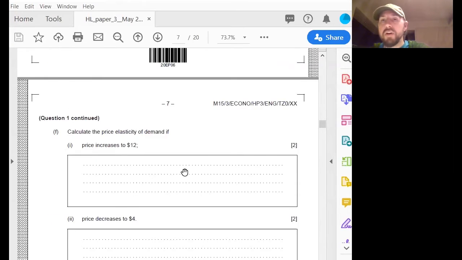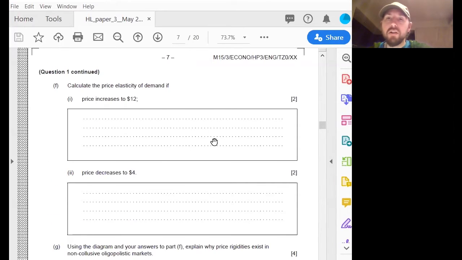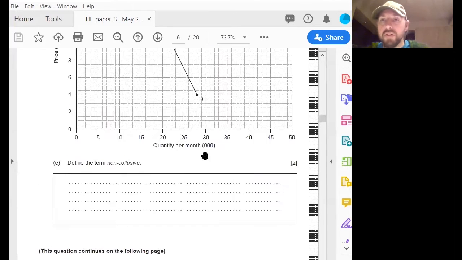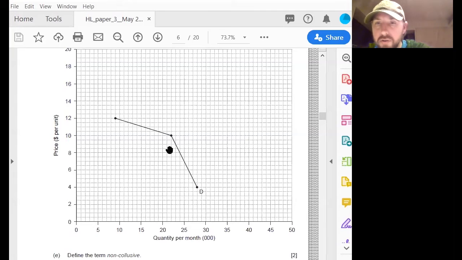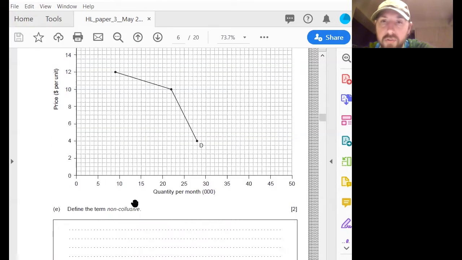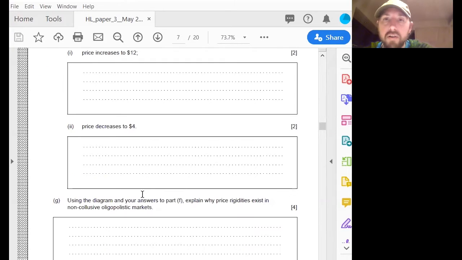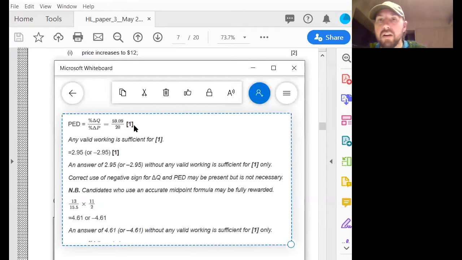Okay. So at a price of 12, you're going to go from a price of 10 to a price of 12. When that happens, you notice your quantity is going to go from, I don't know if you can see the hand on the video or not, from 22 to something like 10-ish around there. So here are the answers from IB, because I'm too lazy to do these equations. Zoom over here, you know the PED there.